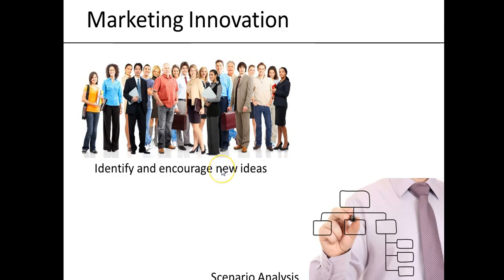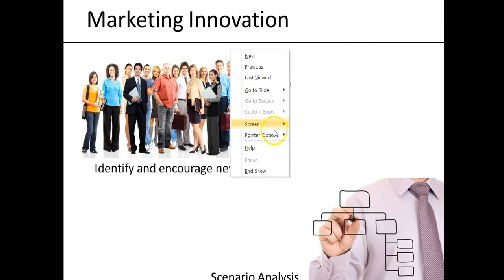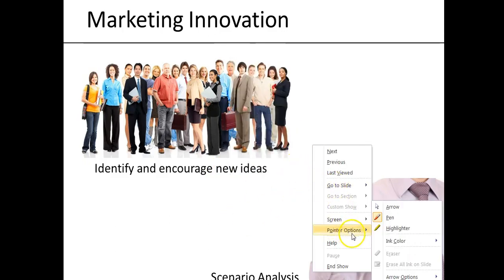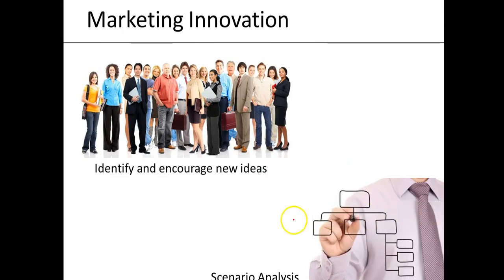Some companies are very systematic about it. For example, we see scenario analysis, which basically came from the Royal Dutch Shell Company. They introduced this scenario analysis. They continuously look out for changes happening in the environment.